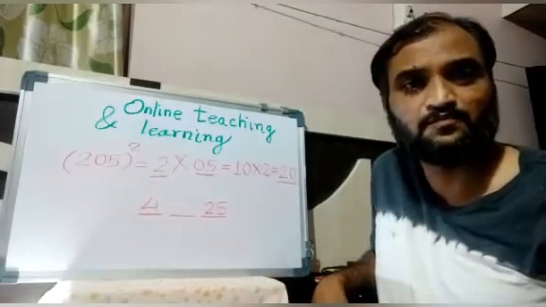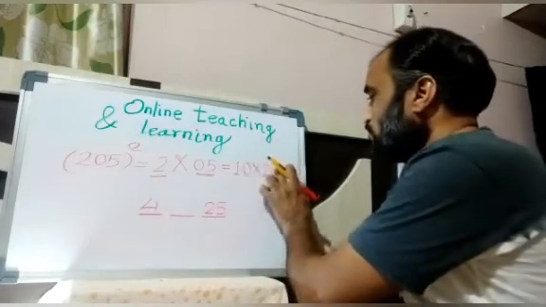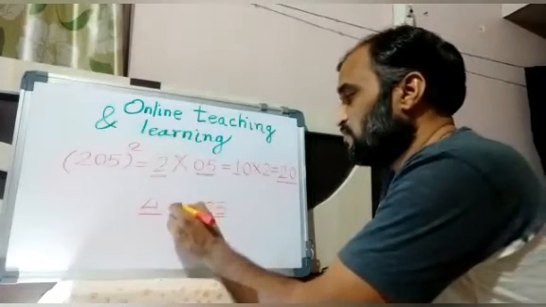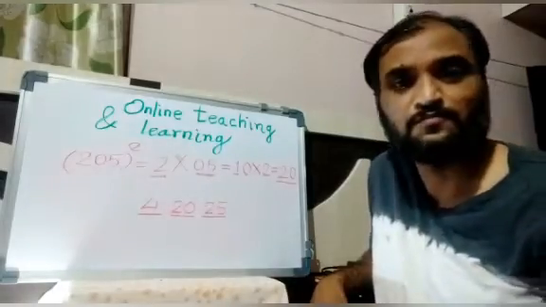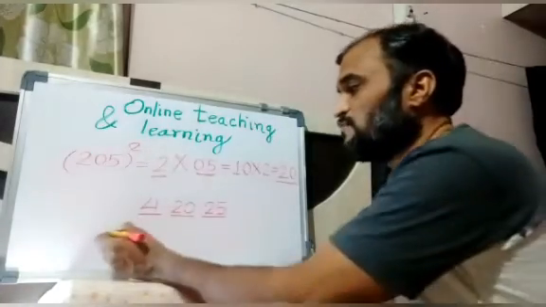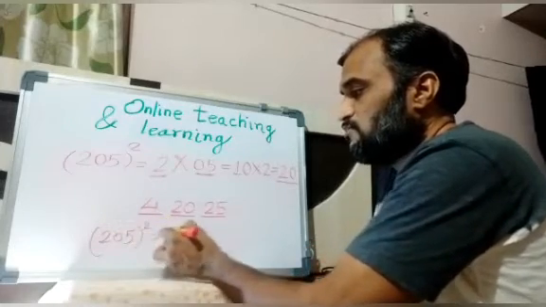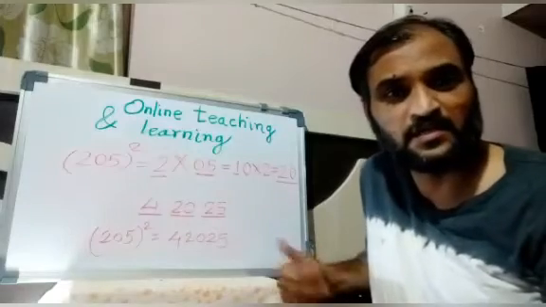And in the middle, we put this multiplication answer, that is 20. Therefore, the square of 205 is 42,025. Here it is.